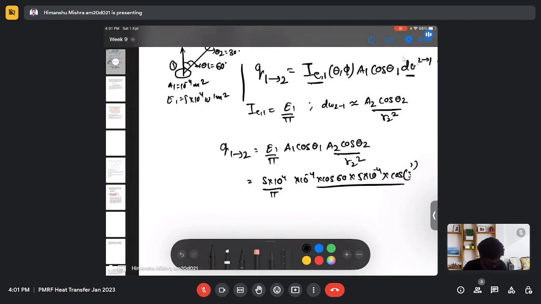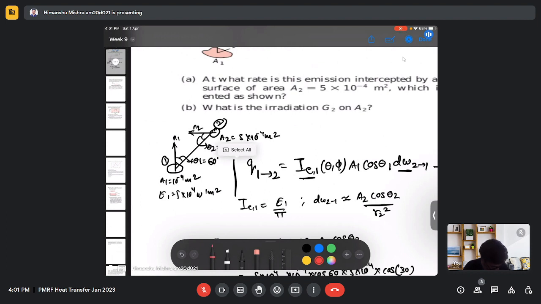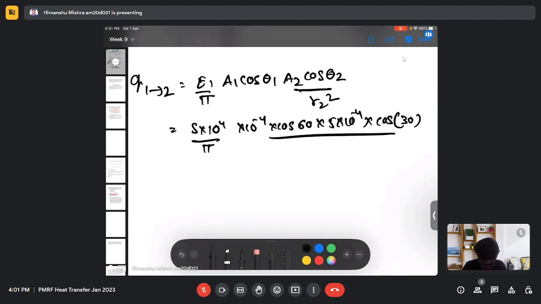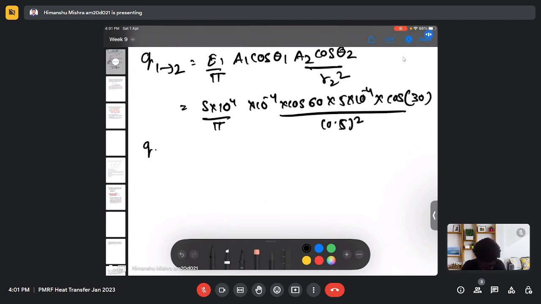And my R is the distance between my plate 1 to plate 2. So my R is 0.5. So my heat transfer from 1 to 2 will be 1.37 10 to the power minus 3 watt.